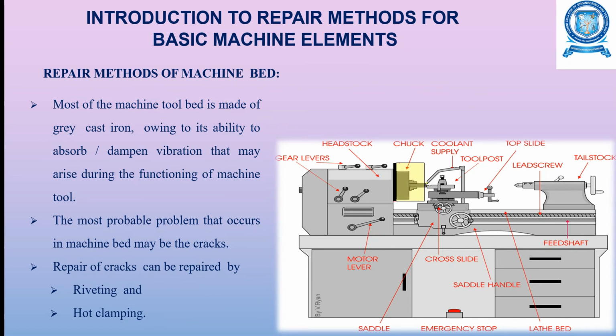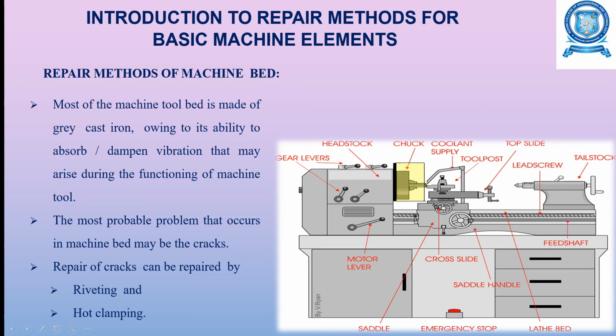So, introduction to repair methods, we'll be studying first about the repair methods of a machine bed. Here, this is the lathe machine in which you have this lathe bed. Most of the machine tool bed is made of gray cast iron, because of its ability to absorb and dampen the vibration that would arise during the functioning of the machine tool.